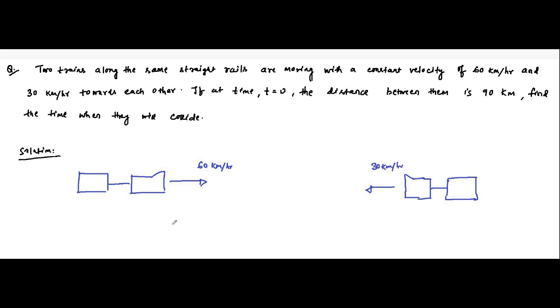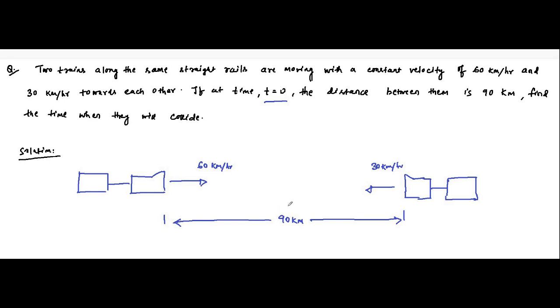Okay, and the point where this observation started at time t equals to 0, the gap between them, the separation between them is 90 kilometers. Okay, this is the separation distance. So as they are moving along the same tracks in the opposite direction, so naturally there will be a collision, okay, at some point of time.